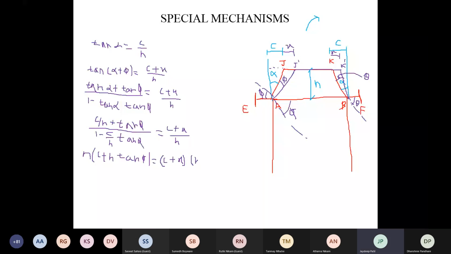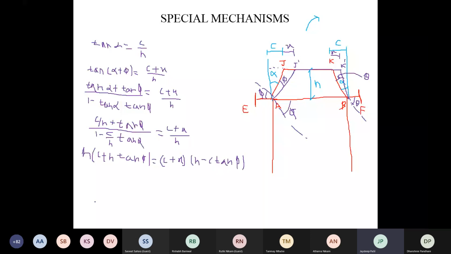Is it right? Do you all understand? Yes, sir. Now what to do here?